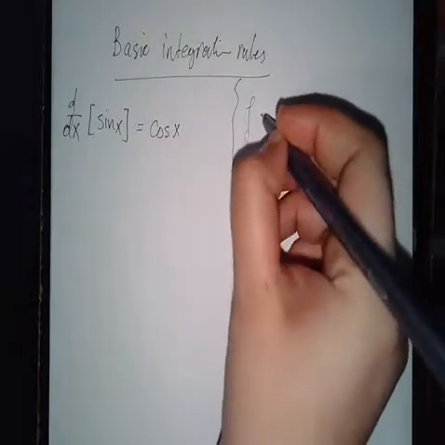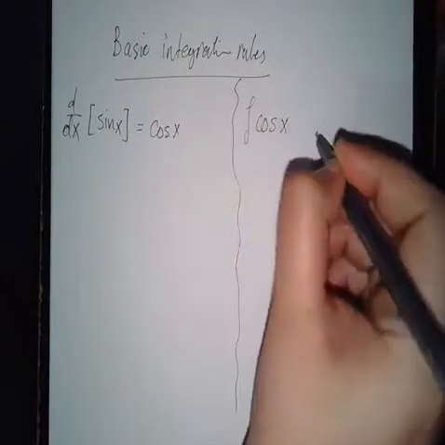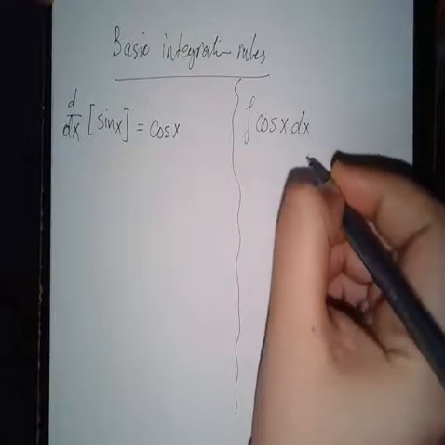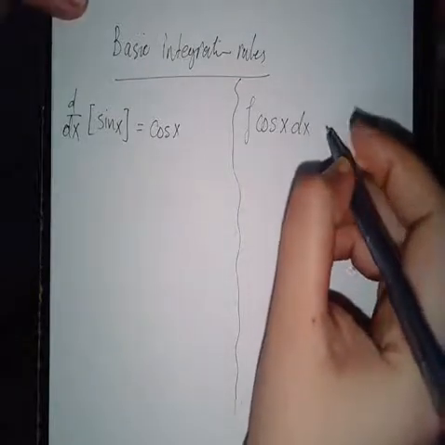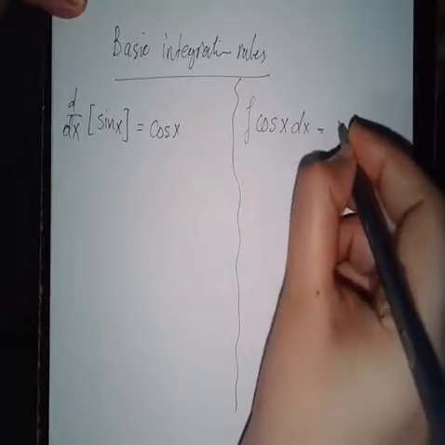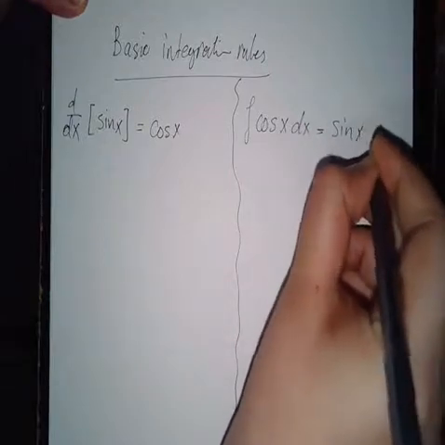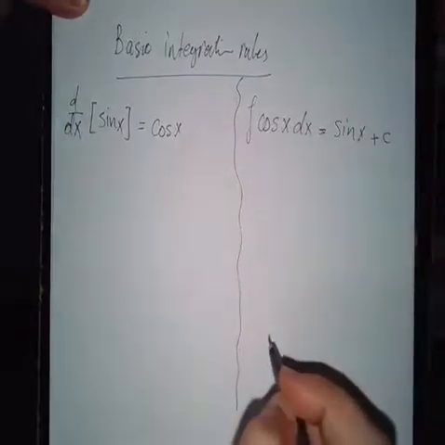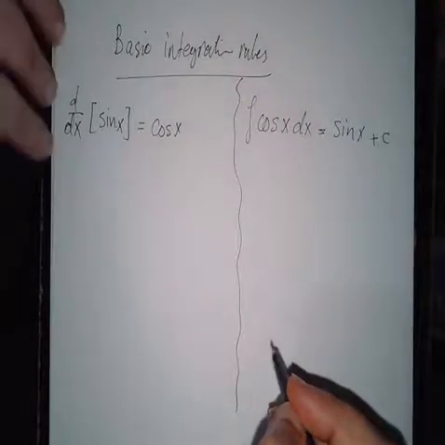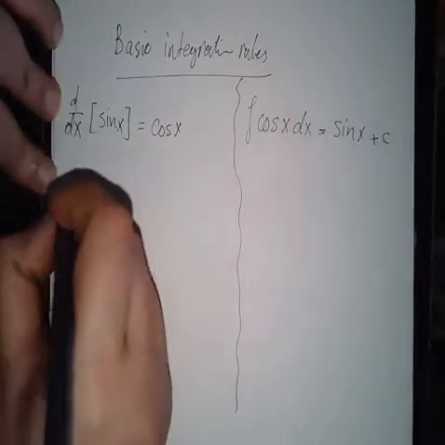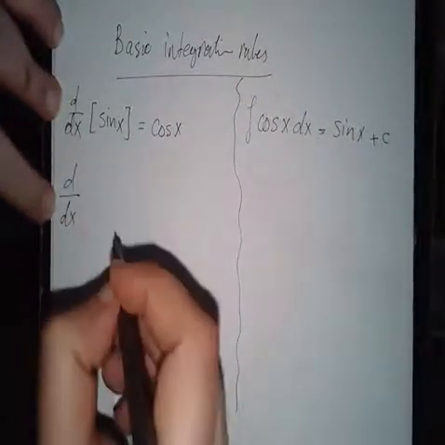So cosine: I'm finding the integral of cosine x. Remember to always add dx to it. Now the result of this one would be sine x plus c, always, right? So that was kind of straightforward. Let's do the next one.